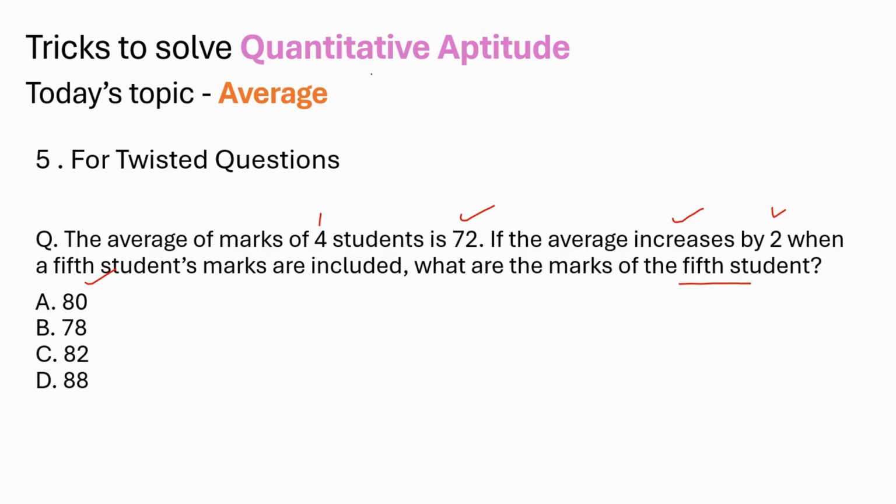Taking the higher number of students first: 5 into (72 plus 2), which is 74, minus 4 into 72. If we solve this, 5 into 74 is 370, minus 288, which gives 82. So 82 is our right answer.